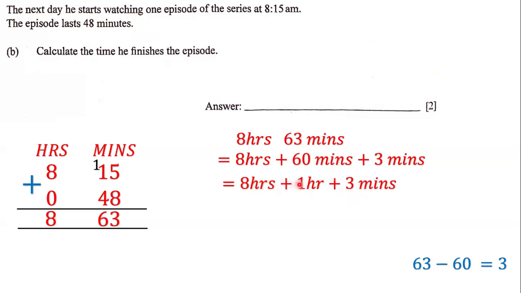And then we add the hours. 8 hours plus 1 hour is going to be 9 hours. So we have 9 hours plus 3 minutes. And that means that the time that he finishes watching the episode is 9:03 a.m. So we started at 8:15, 48 minutes later, that's 9:03 a.m.